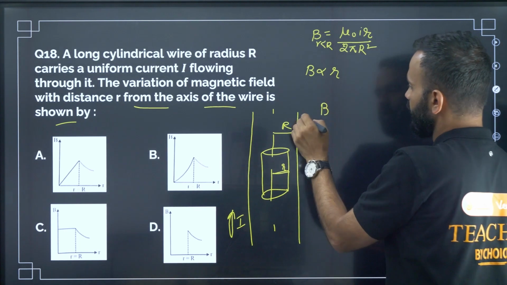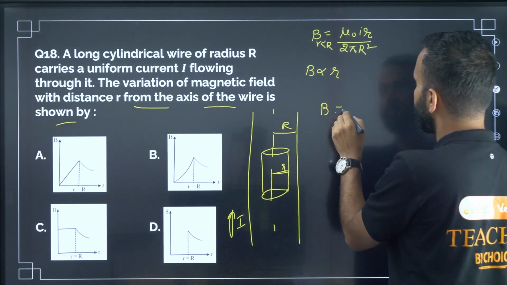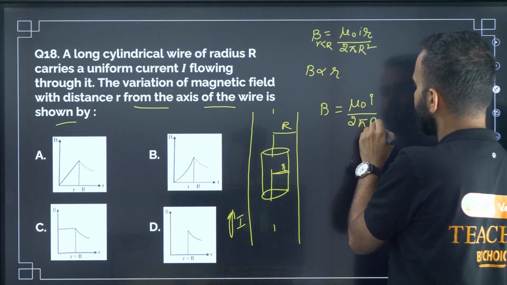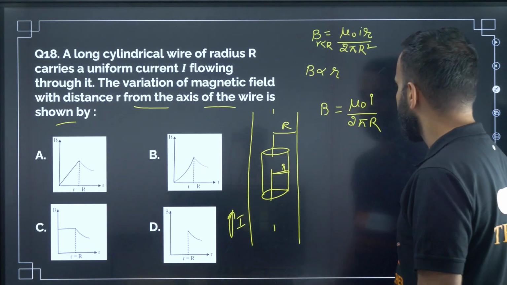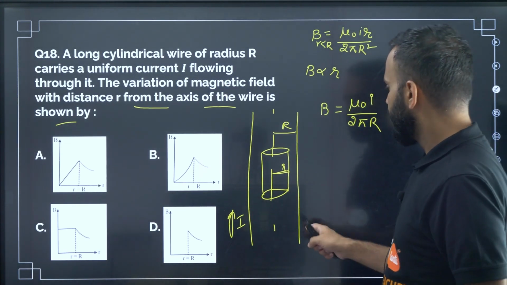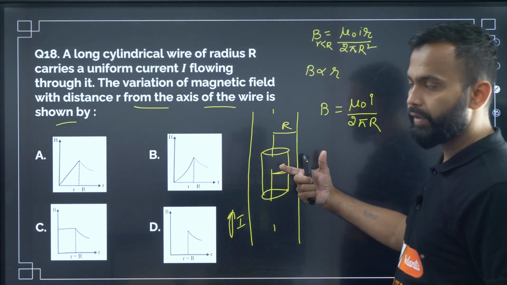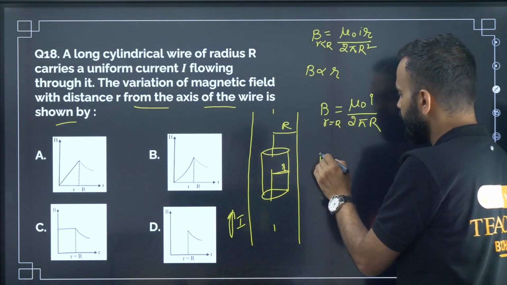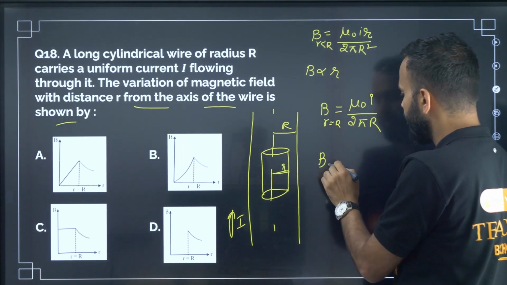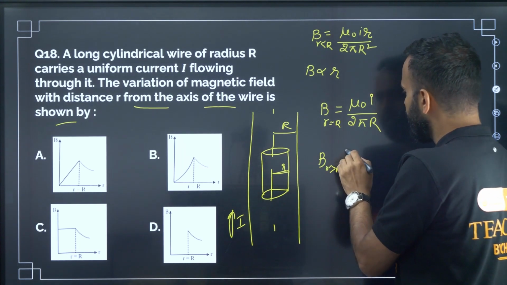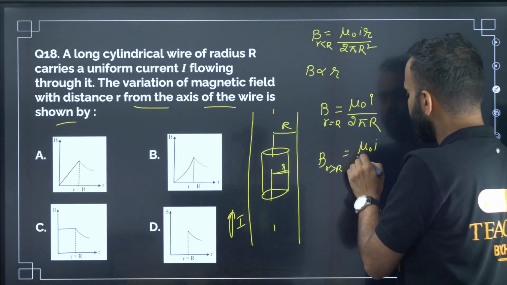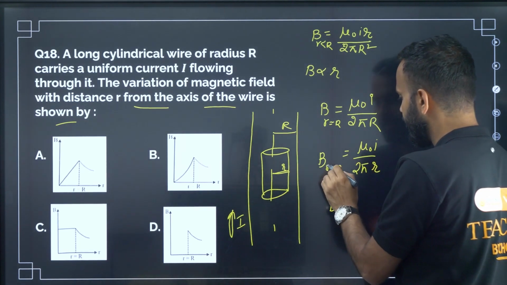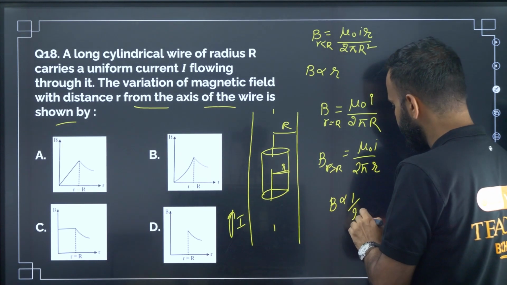Then what is the magnetic field on the surface of this wire? B equal to mu naught I divided by 2 pi R. So the magnetic field is constant on the surface of the wire, where r equals R. What is the magnetic field outside the wire, where r is greater than R? This is equal to mu naught I divided by 2 pi r, that is, the magnetic field decreases inversely.